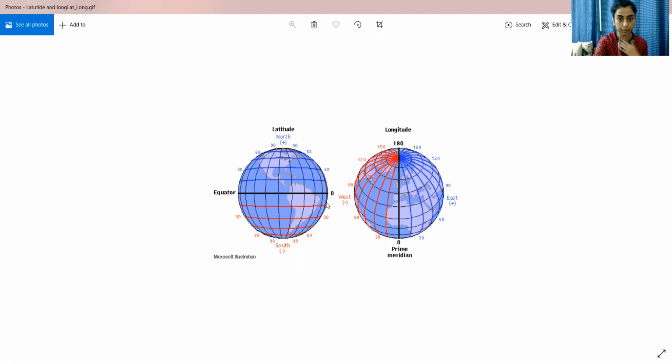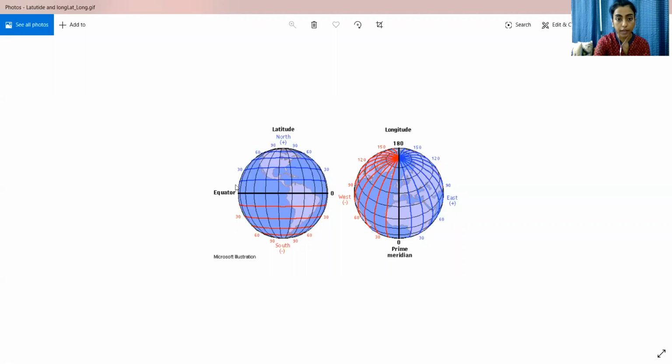We know that the latitude divides the earth into northern hemisphere and southern hemisphere, and the longitude divides the earth into eastern part and western part.